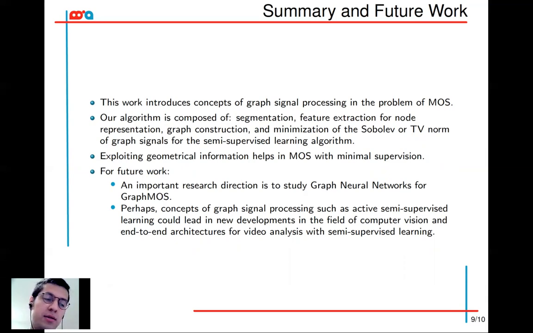So basically, this algorithm is still slow. But if we use a graph neural network, we can solve that problem. And finally, perhaps concepts of graph signal processing, such as active semi-supervised learning, could lead to new developments in the field of computer vision and end-to-end architectures for video analysis with semi-supervised learning.